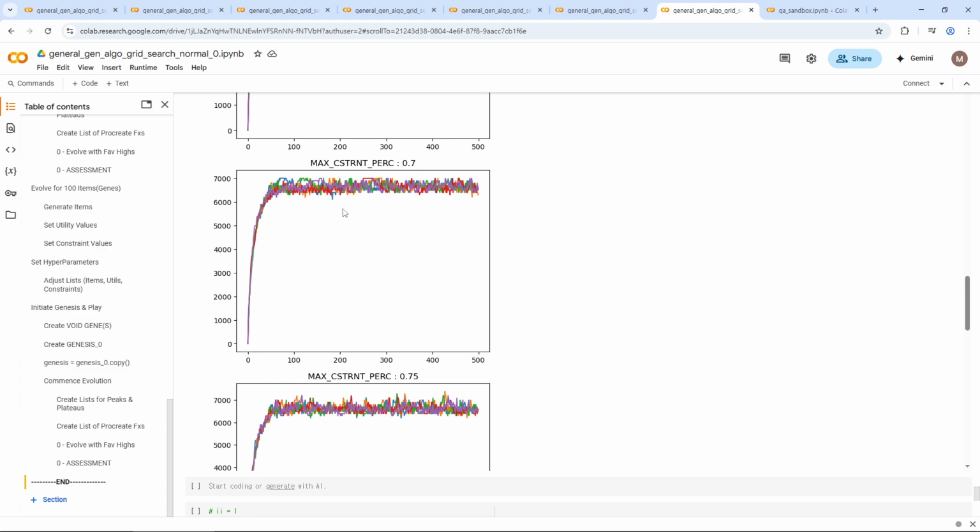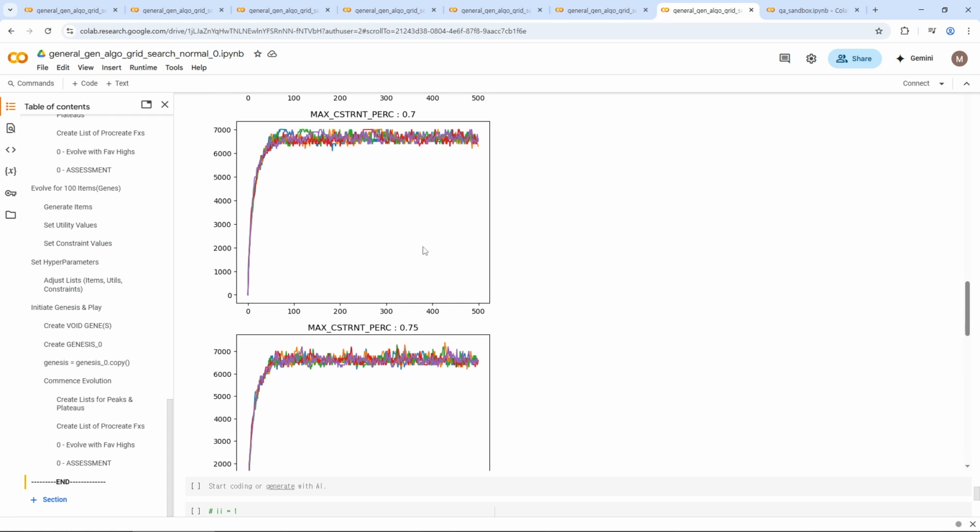So, for example, when the maximum constraint percentage is at 70%, the top entity, the highest possible, is at 7,000. So some have reached that, in some evolution phases.